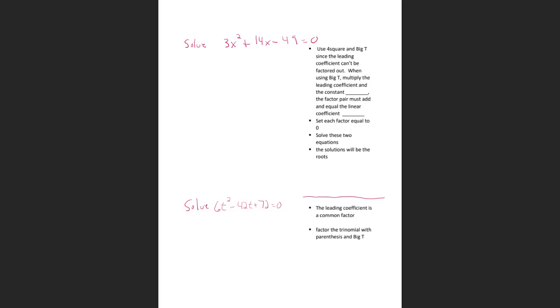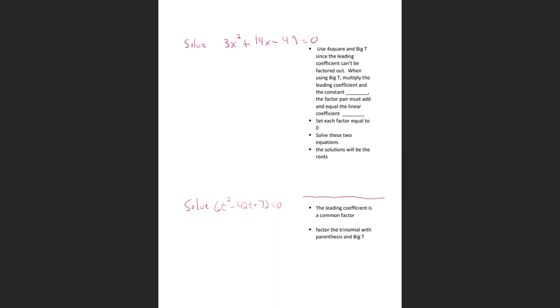So let me go ahead and show you four square on this problem. Notice it is a quadratic equation because it's set equal to 0 and there's a quadratic term. There is no GCF here, unfortunately. The 3, the 14, and the 49 have no number in common, and they don't have an x in common either, so we're stuck with those 3 terms.